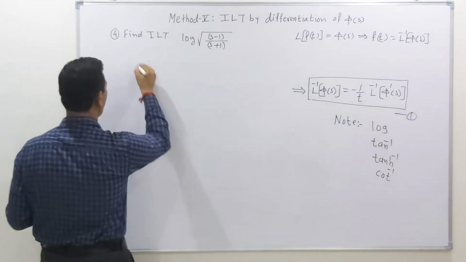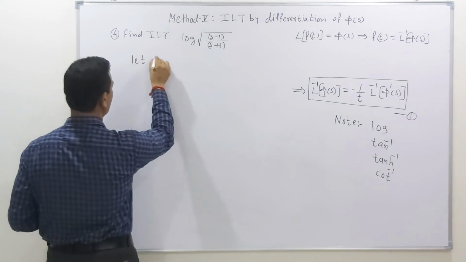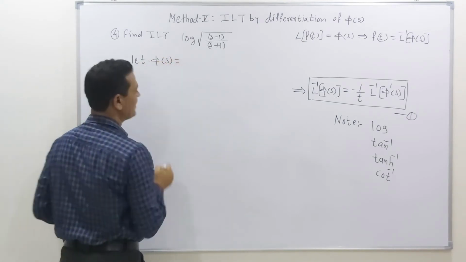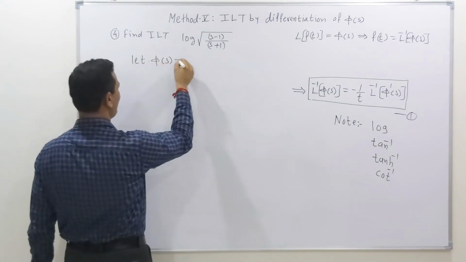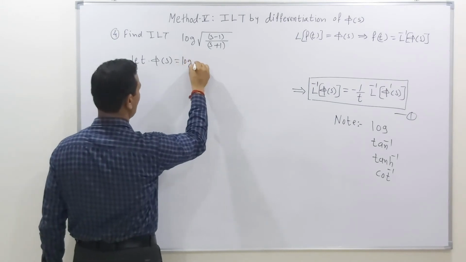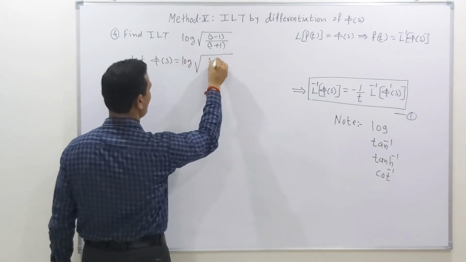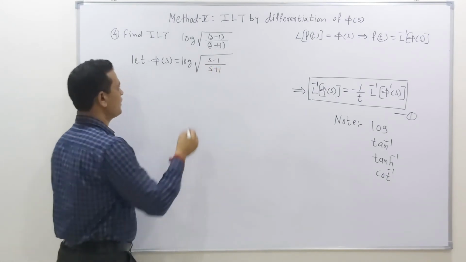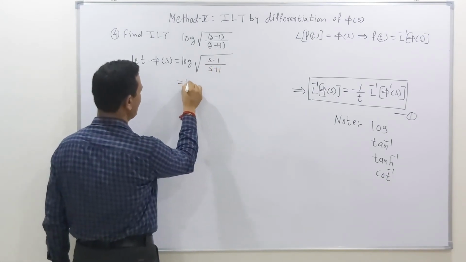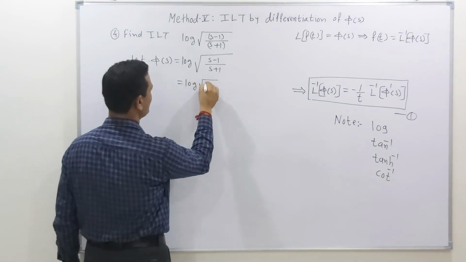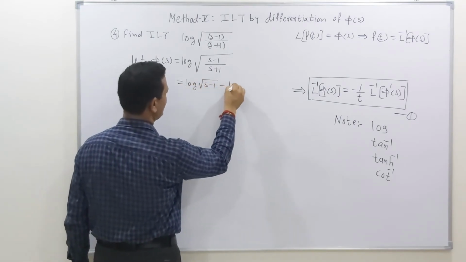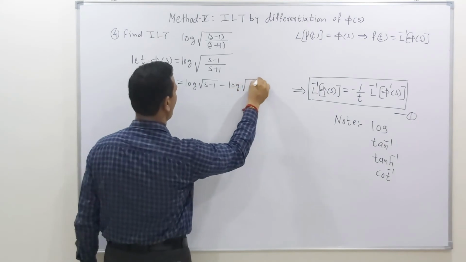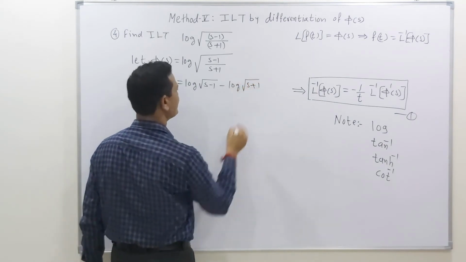So for finding the value of phi dash of s, let's denote the given example by phi of s. So phi of s is equal to log of root of s minus 1 upon s plus 1. So according to the log property, we can write this as log of root of s minus 1 minus log of root of s plus 1.